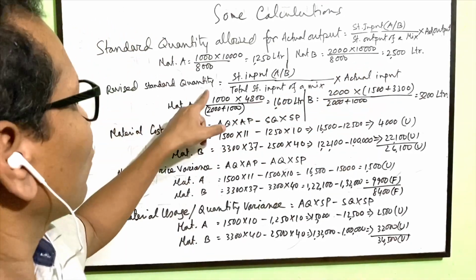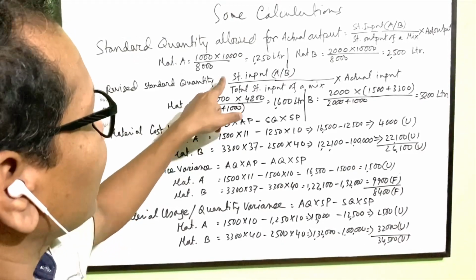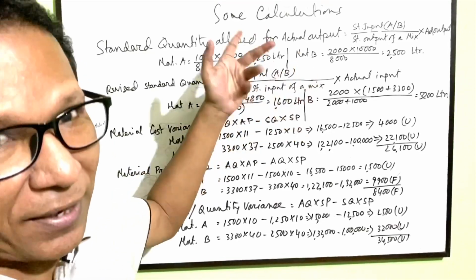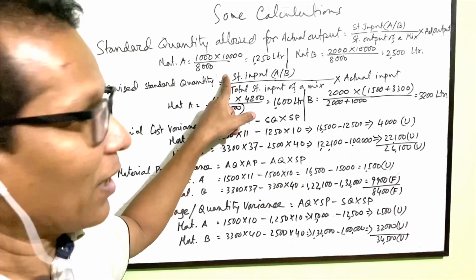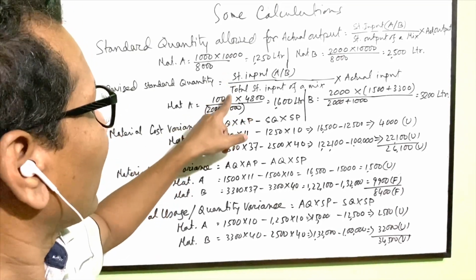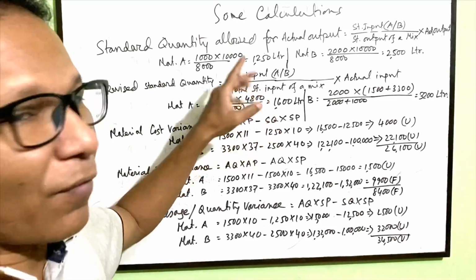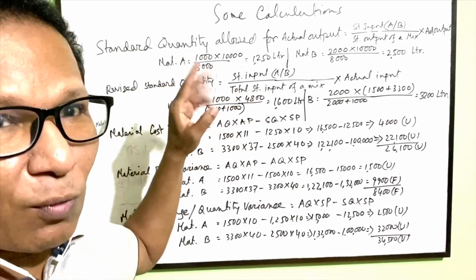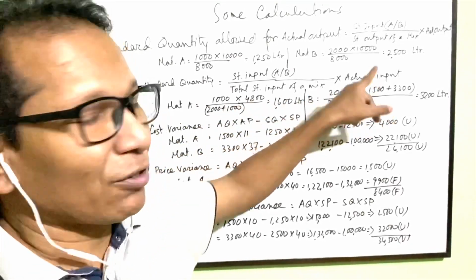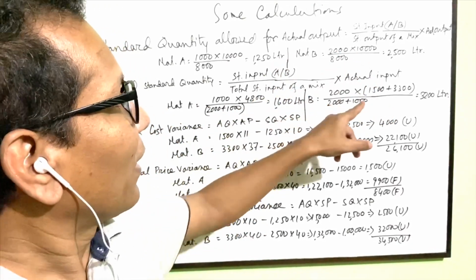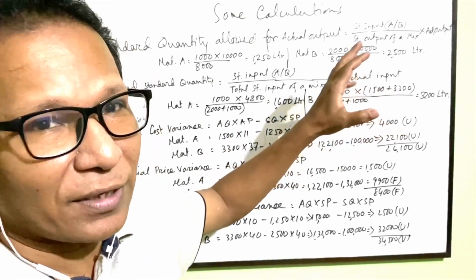And revised standard quantity, how to calculate? The formula is standard input for A and B separately, divided by total standard input of a mix, multiplied by total actual input. Here standard input was for A 1000 and for B 2000, total 3000, and actual input here 1500 and 3300, that means total 4800.